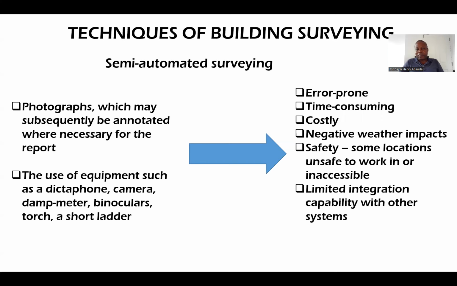Things like rain may hinder the smooth running of the inspection process. Also safety. Imagine yourself in a room or on a roof. Okay? Some locations are unsafe to work in or inaccessible.